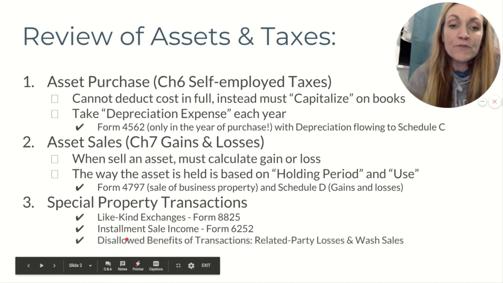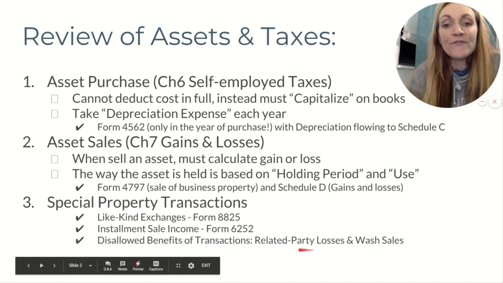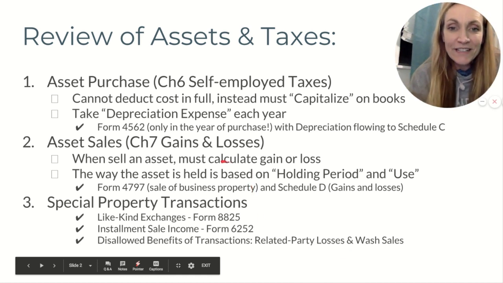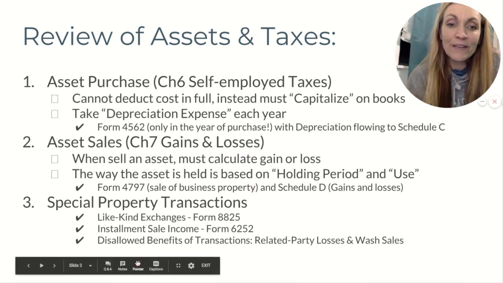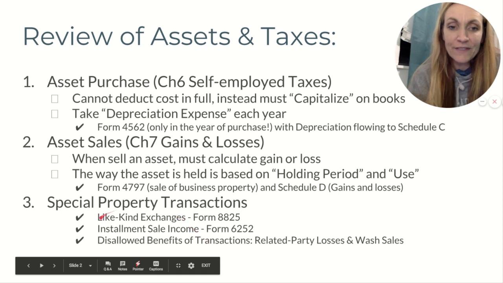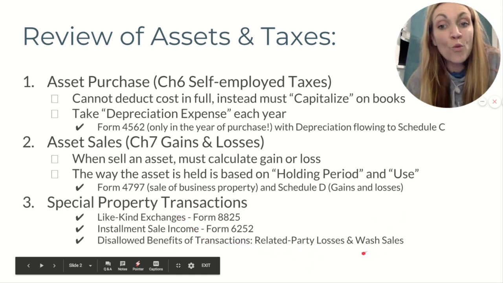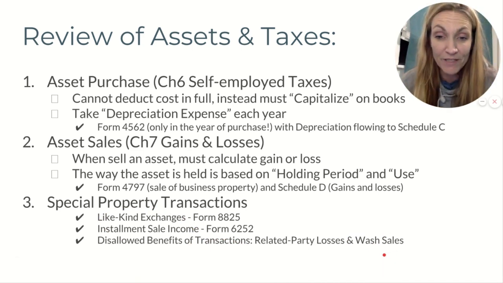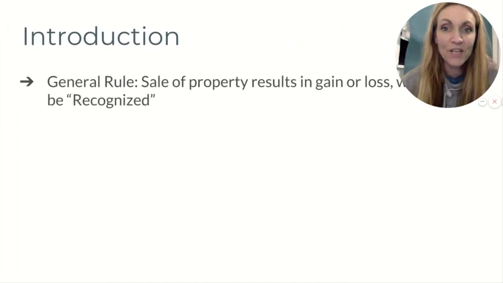And so some other things to consider with special property transactions, people often try to finagle deducting losses. And so we disallow the benefits of these special transactions for related parties and wash sales, which are in regards to stocks. And we'll be talking about those things in this video.